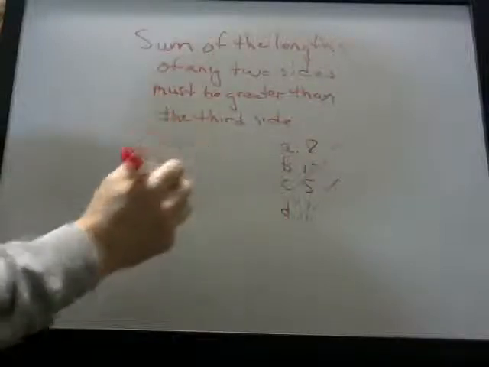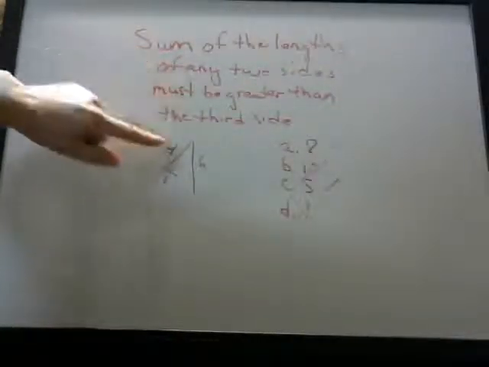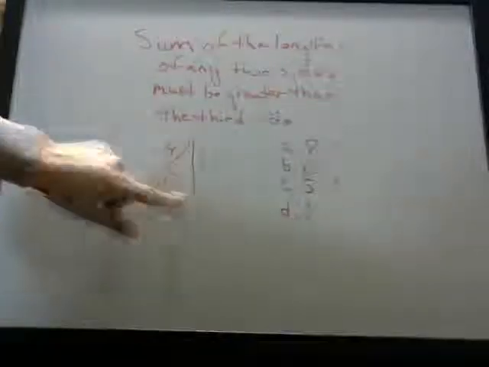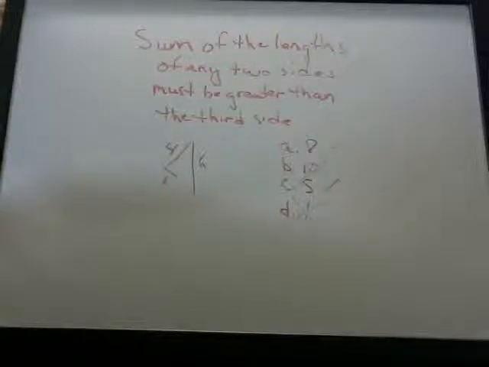So if you want to try and visualize it, the sum of the lengths of any two sides has to be greater than the third side essentially so that they can all connect. That's why you have this theorem.